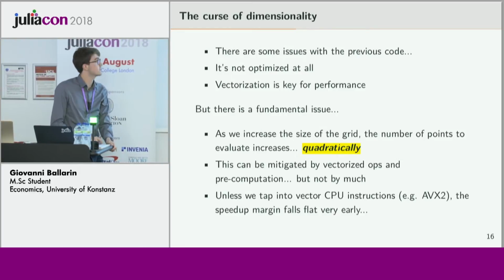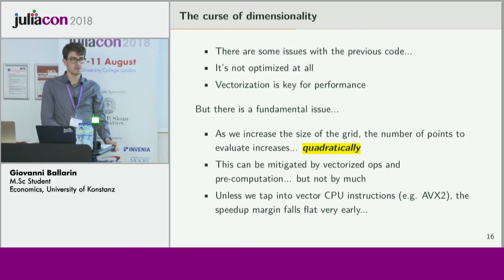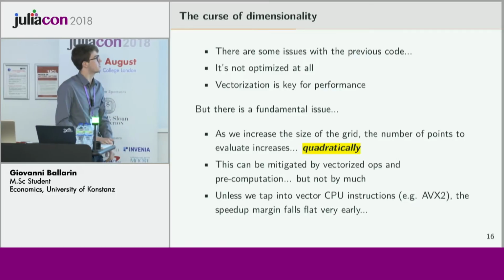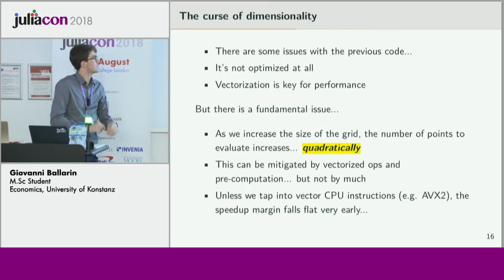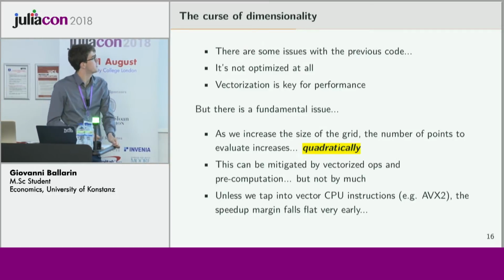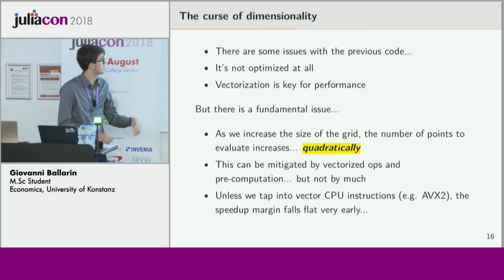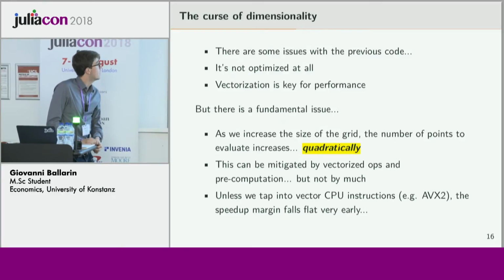We're not vectorizing anything. We're not even using the max operator, which in Julia I guess is much faster than me iterating over the entire array, computing each value, and then comparing and storing them manually. Vectorization is key for performance, and you can get much more performant programs. I myself don't use that kind of code.